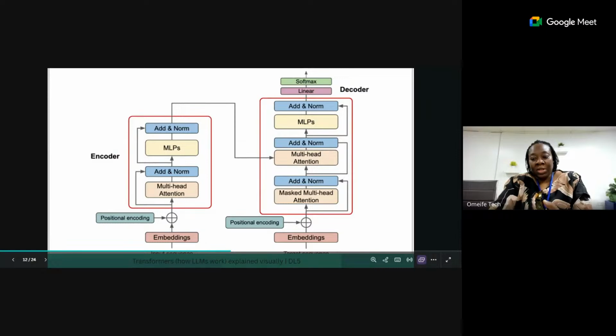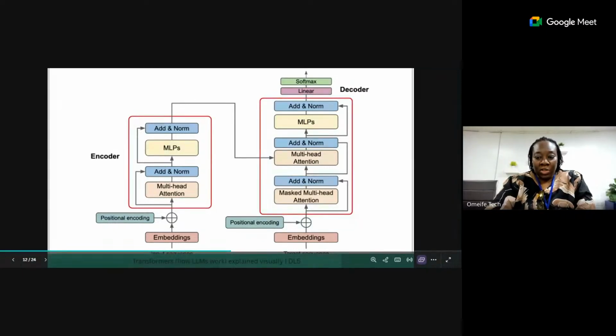At each step, the model is auto-regressive, consuming the previously generated symbols as additional input when generating the next text. The transformer follows this overall architecture using stacked self-attention and pointwise fully connected layers for both the encoder and decoder, as shown in this figure.